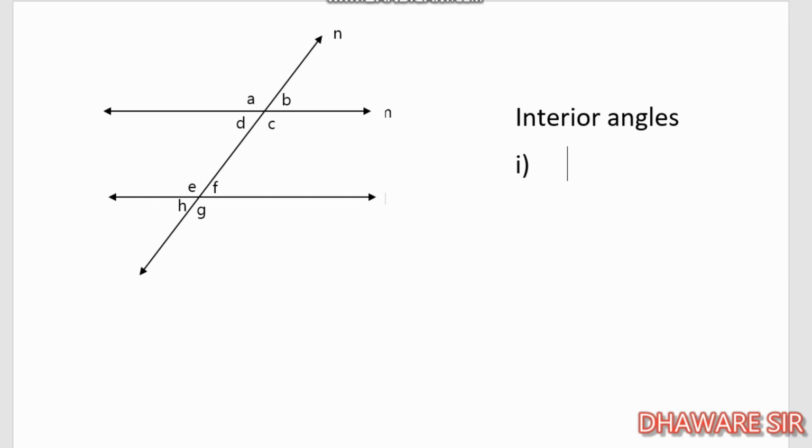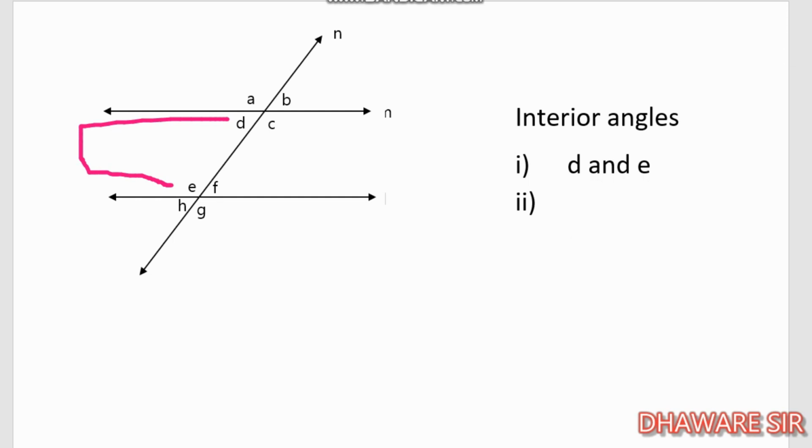Let us see, interior angles on one side, the inner side of the angles. So this is the first pair of the interior angles, angle D and angle E.